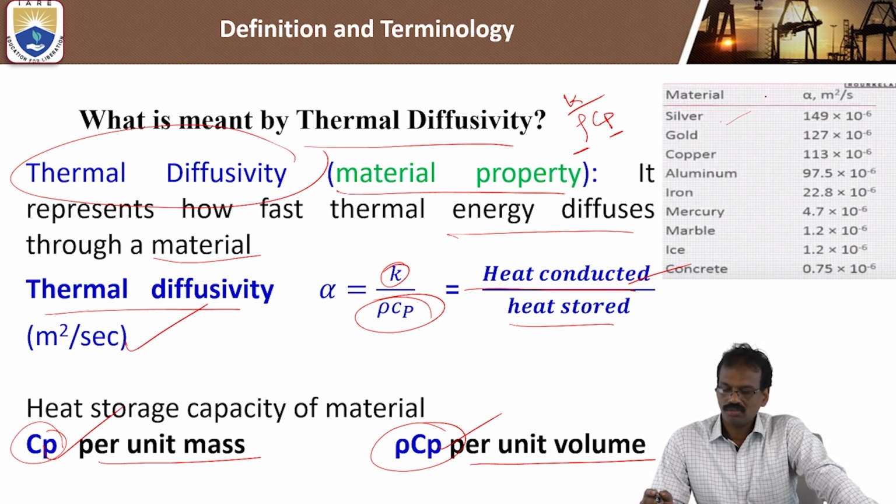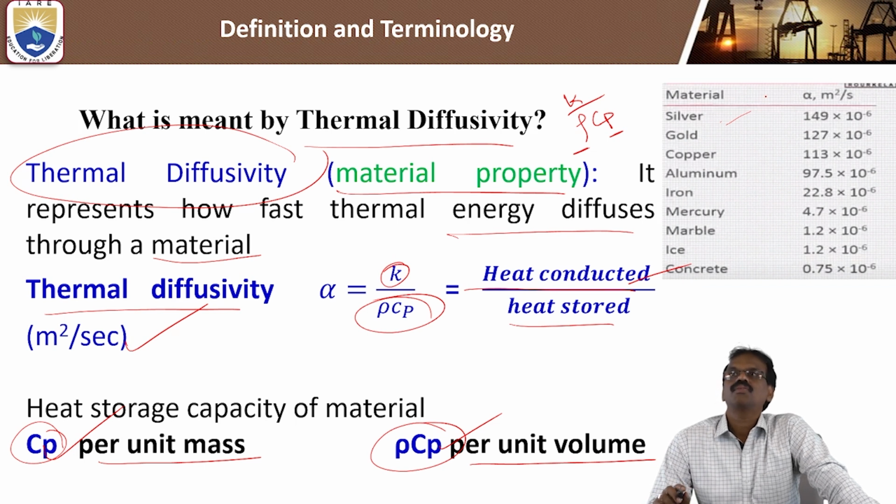Silver has the highest thermal diffusivity, 149 into 10 to the power minus 6 meter square per second. Next, gold, copper and aluminium, very near. Next, iron, mercury. So this is the material property to diffuse heat through that material.